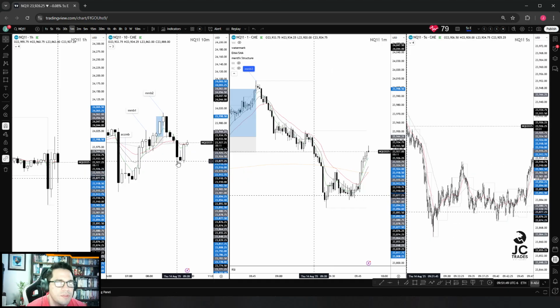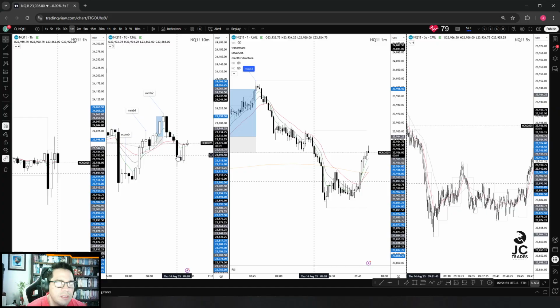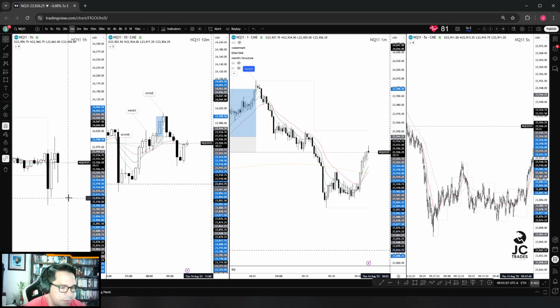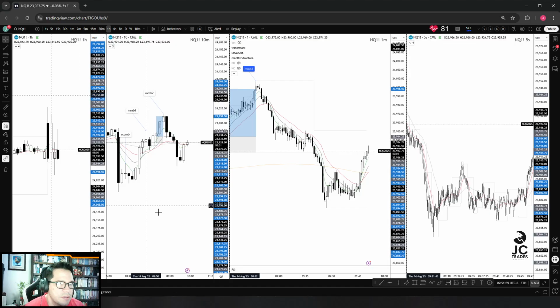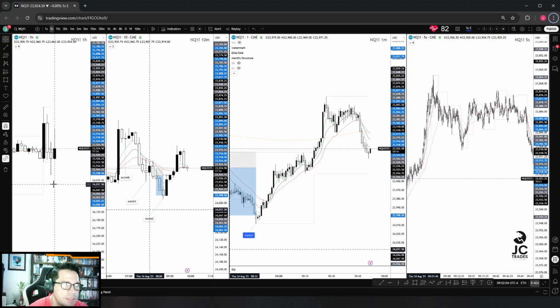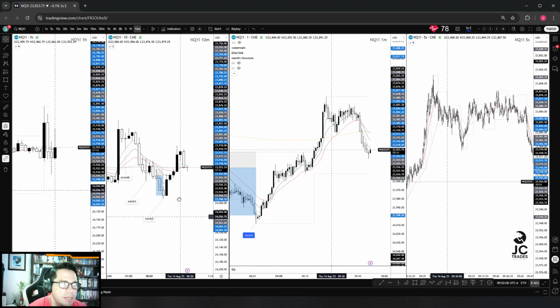This would have certainly enabled us to take a look at some entry opportunities. So how would that be available for us? Let's go and flip the charts and let's see how that looked like.